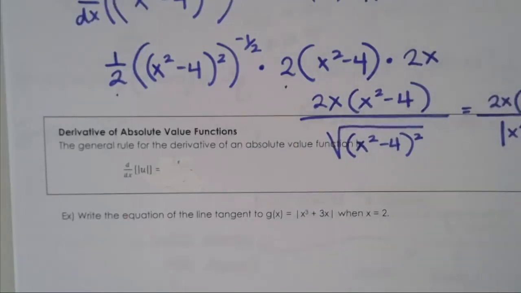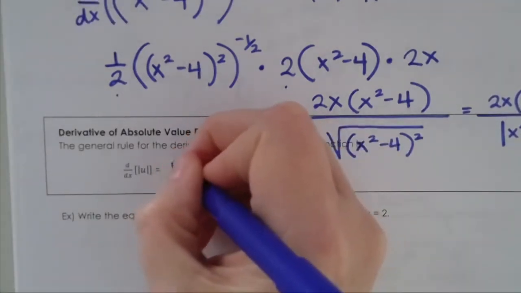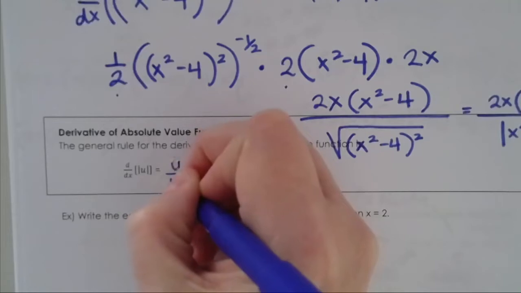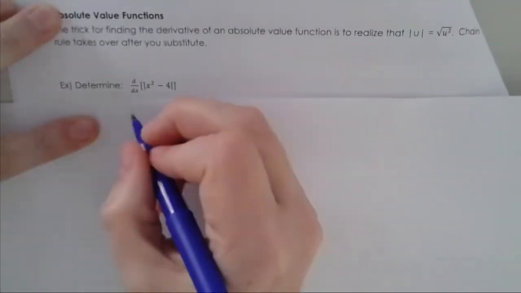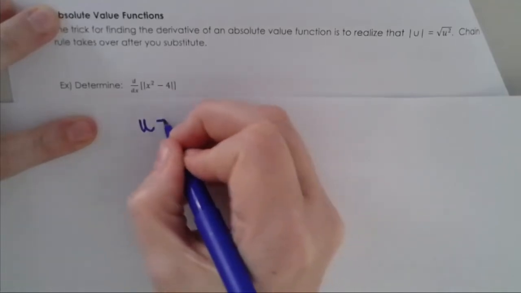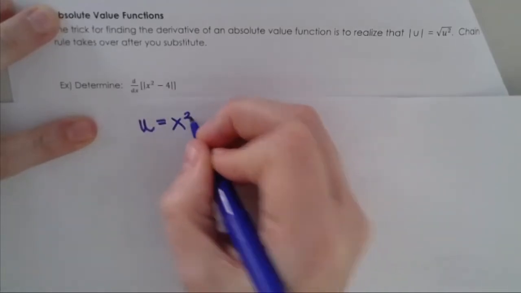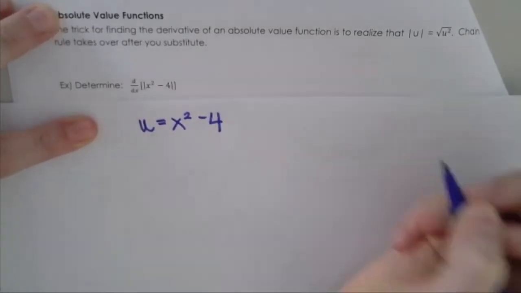Okay, so derivative of absolute value functions. So another way I can write this is u over the absolute value of u times du. My u would be x squared minus 4.